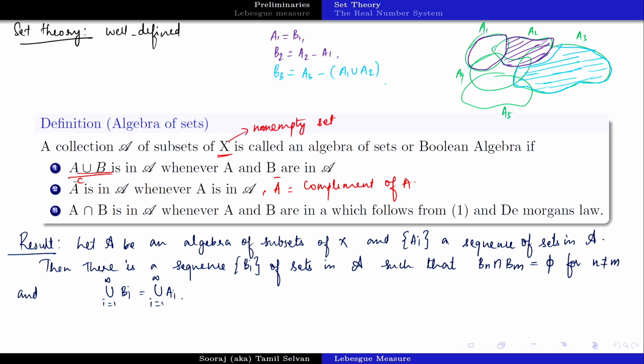If there are some points in common, those have to be removed from a3 to get b3.